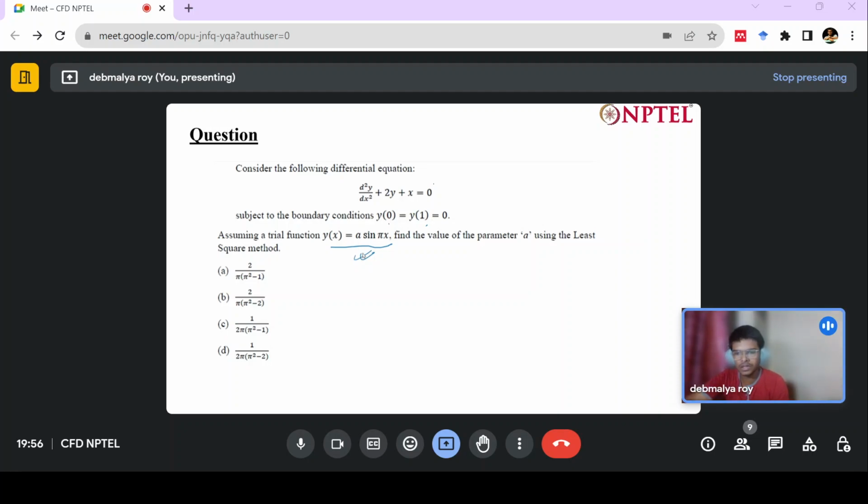So what do we have to do? Ly is given, y approx is given. So we have to find out the residual.